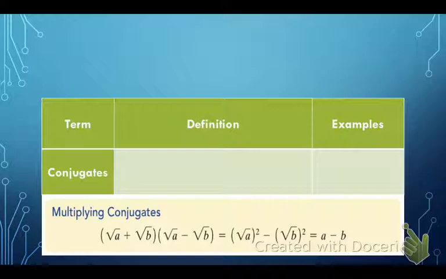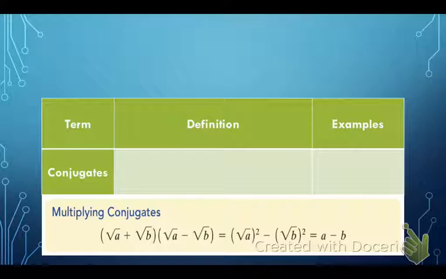Okay. What you're used to seeing is a difference of two squares, where if I multiply the square root of a times the square root of a, well, that's a, because it's the square root of a squared, which means the square root and the square go away.